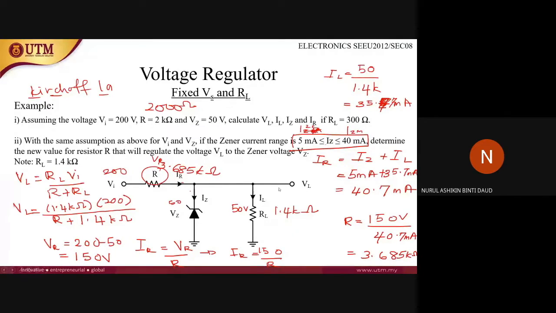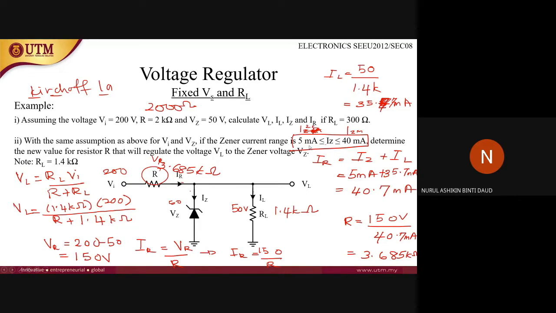But we cannot assume VL is the same as the VZ value. But in our mind, we know that VZ is now working because it says it regulates the voltage. So in order for the VZ to work, the minimum current that should flow inside VZ is 5 milliampere.